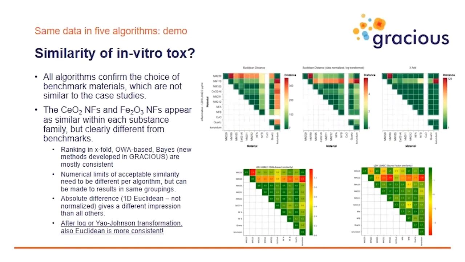Rankings in most algorithms are consistent, while the numerical threshold of acceptable similarity needs to be different per algorithm, but can be made to result in the same groupings. And this figure also illustrates the importance of data transformation toward normal distribution when using Euclidean distance, using either a log transform, Box-Cox, or Yeo-Johnson one.